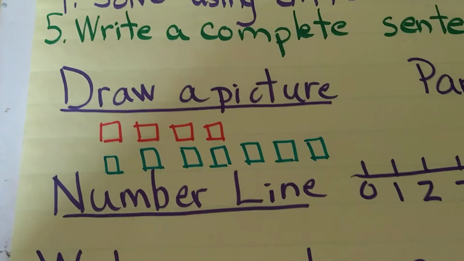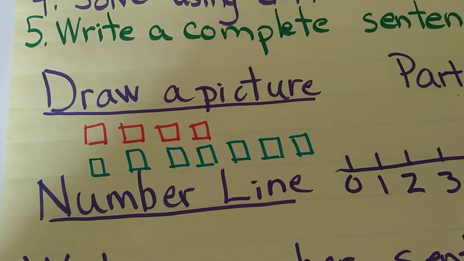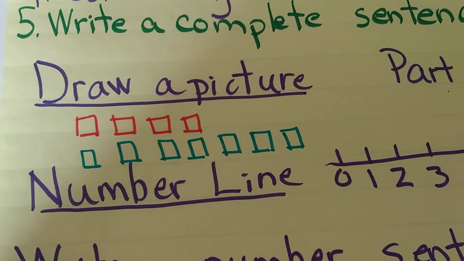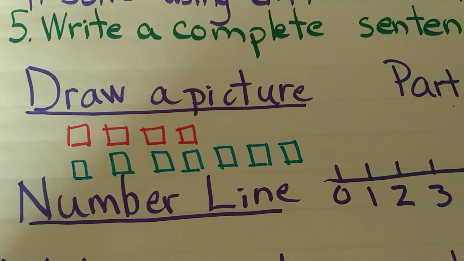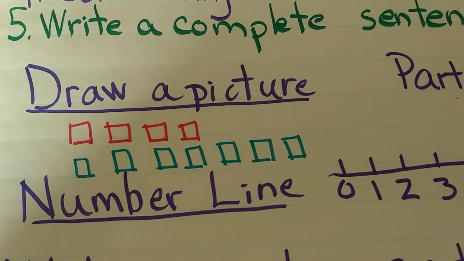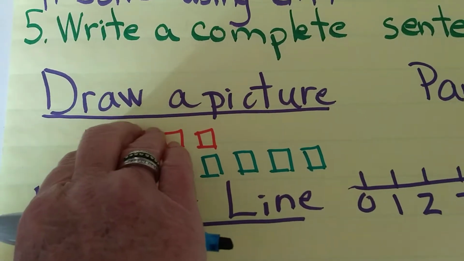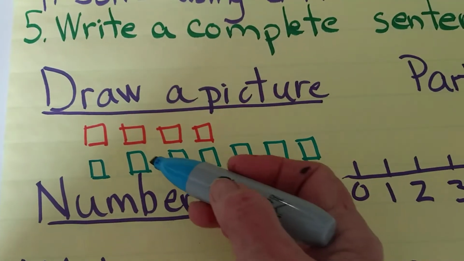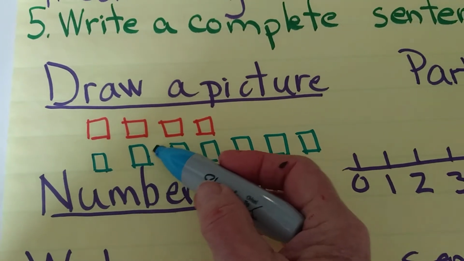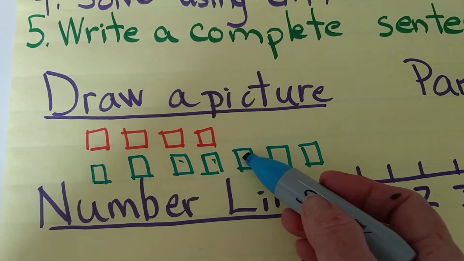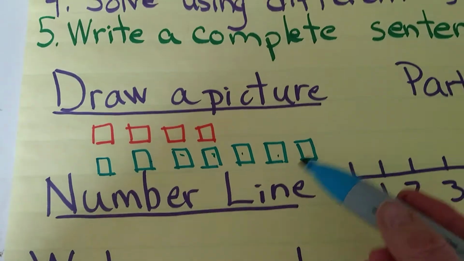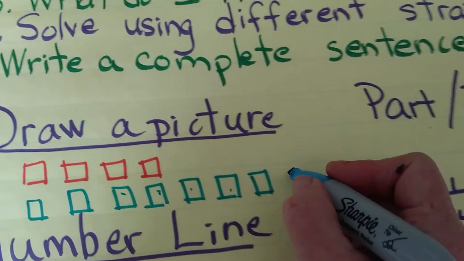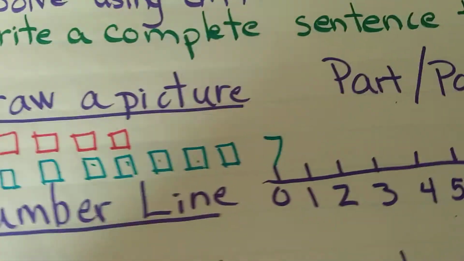Good. Now we have all of Caitlin's blocks. How many do we have now? We have 11, but we wanted to know how many are blue. So we already know about the red. We don't need to count those. Let's count the blue. 1, 2, 3, 4, 5, 6, 7. Well, by drawing a picture, it seems like we have 7 blue ones.